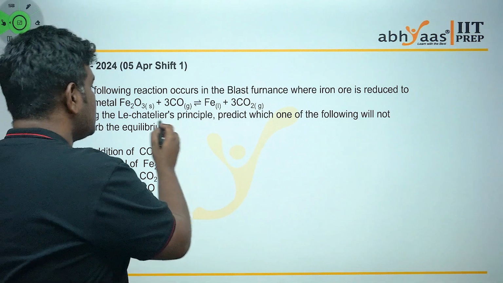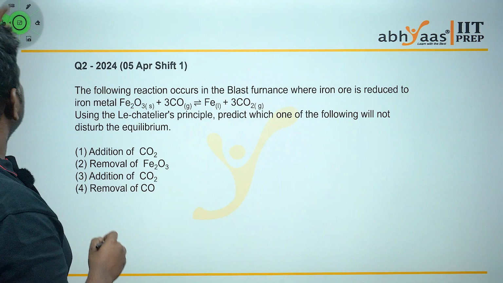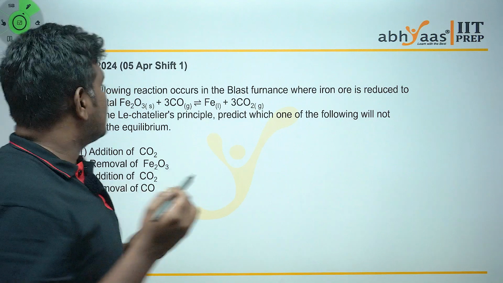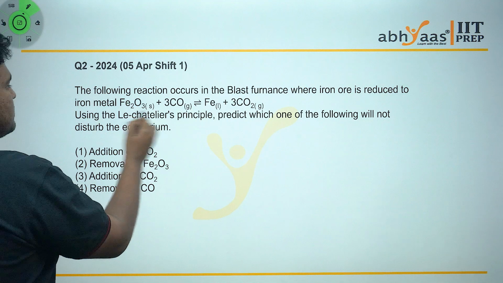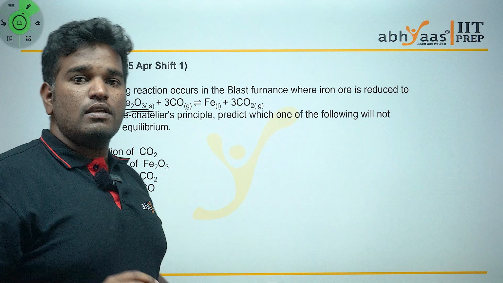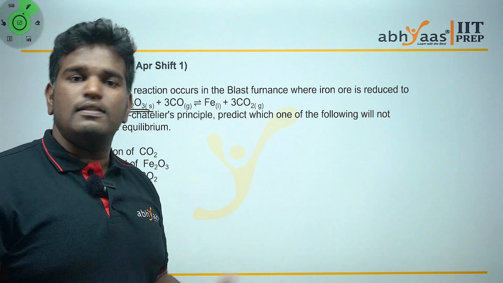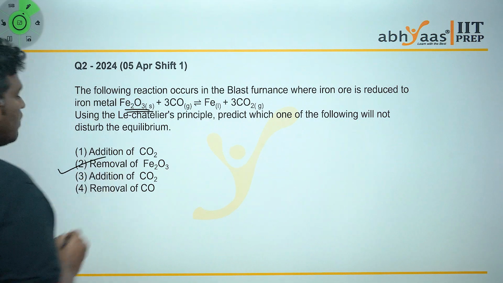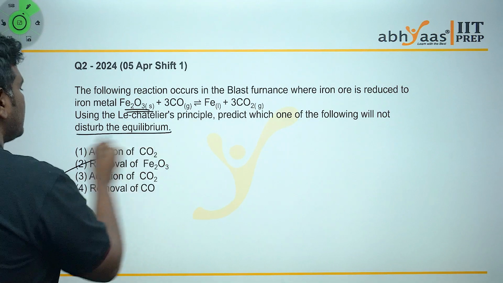They have actually mentioned Le-Chatelier's principle also. Can you just think and say? Here we don't want to think much. The reason is that here we have Fe2O3 as a solid, right? Fe2O3 is a solid, and in equilibrium, if you add or remove a solid reactant or product, there will be no effect on the equilibrium, right?